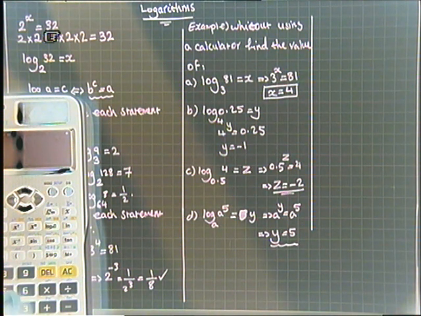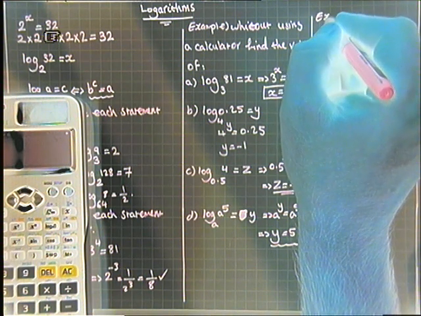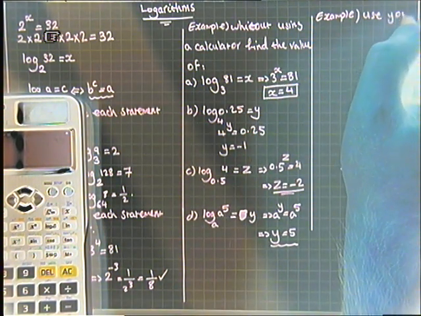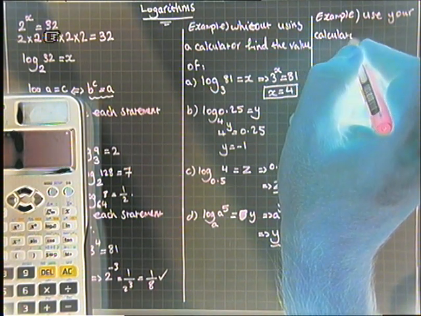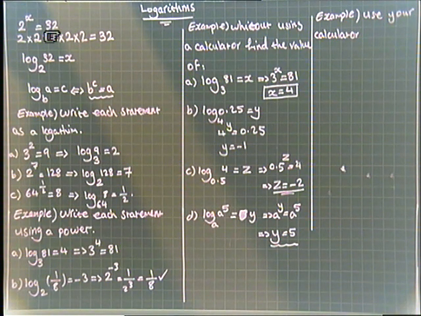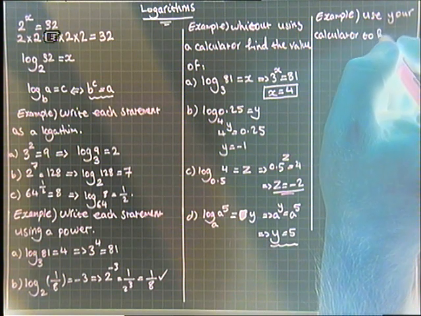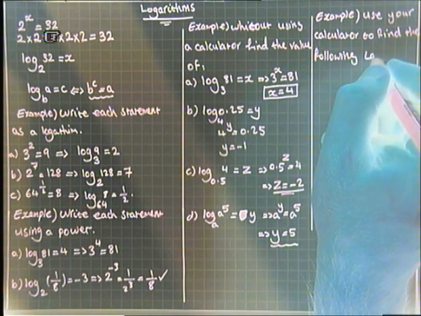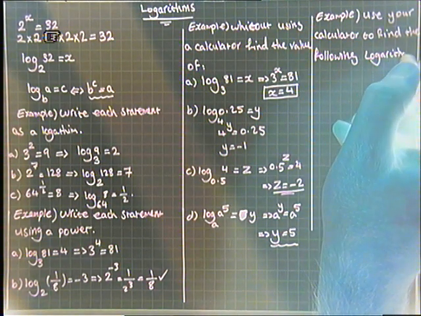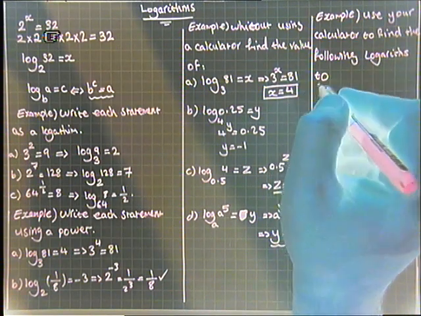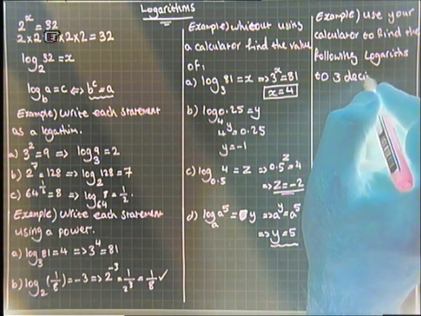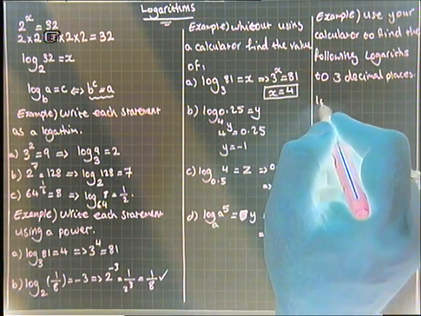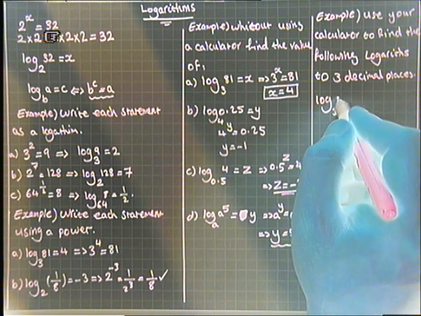Use your calculator to find the following logarithm to 3 decimal places. Example: log of base 3 of 40.